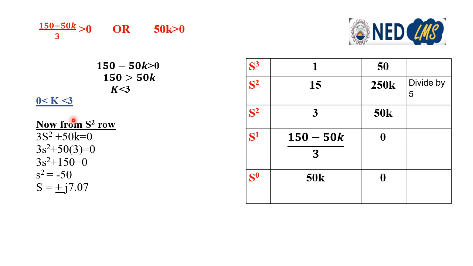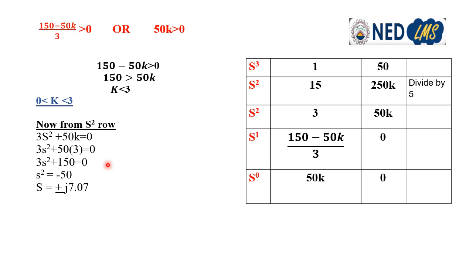And for marginal stability, we put the higher range, because we have a marginally stable system when we have pure imaginary roots on the j omega axis. We have discussed this in detail while we were defining stability. So 3s square plus 50 into 3 equals 0, so 3s square plus 150 equals 0, or alternatively we can write s square equals minus 50, and the two pure imaginary roots are s equals plus minus j 7.07, that is the square root of 50.